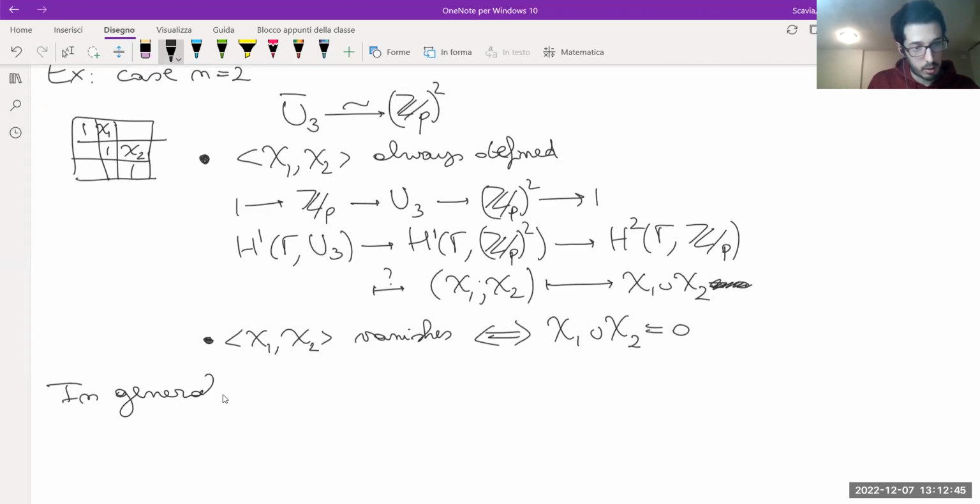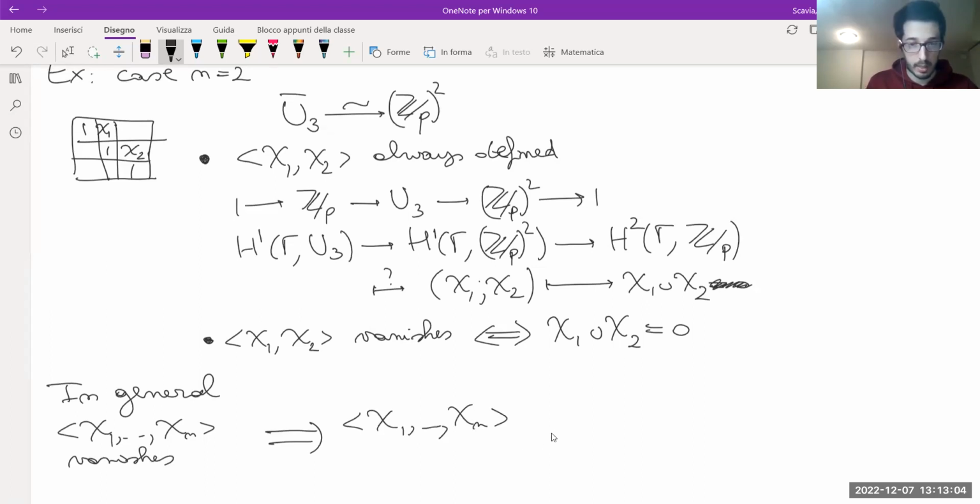So in general, we have that if the Massey product of chi1, ..., chi-n vanishes, so it lifts to U(n+1), then it lifts to U(n+1) bar. So certainly the Massey product of chi1, ..., chi-n is at least defined.